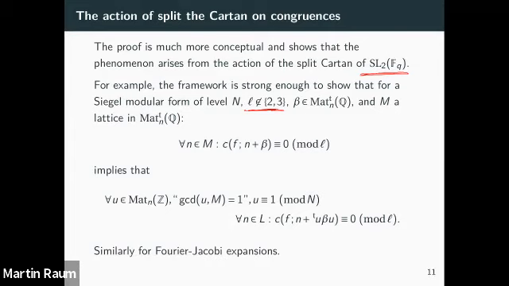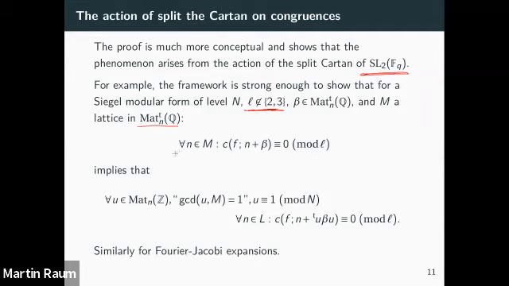So beta must be symmetric matrices with rational entries. M is now, instead of this integer, where we really were using m times Z, the integers, we simply let m be a lattice in the symmetric matrices of size n times n with rational entries.